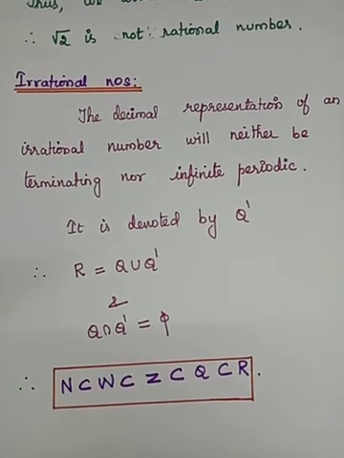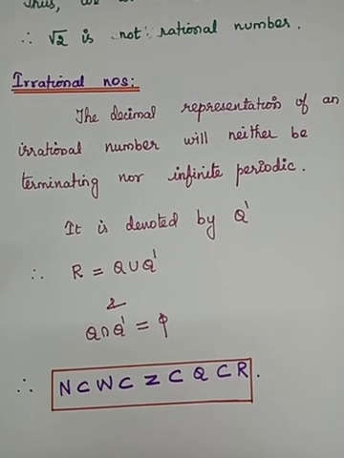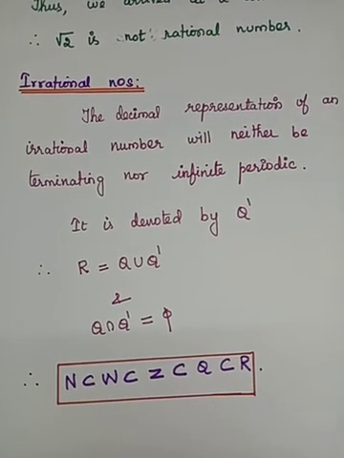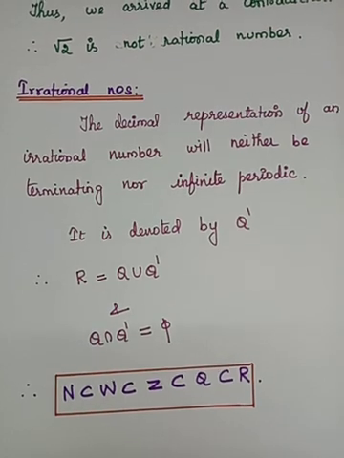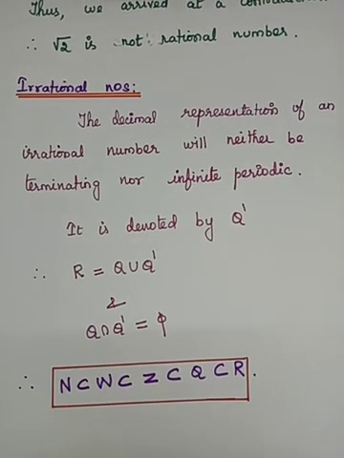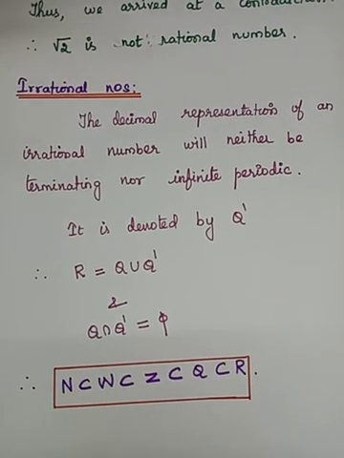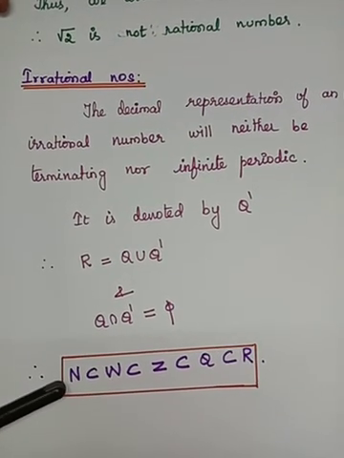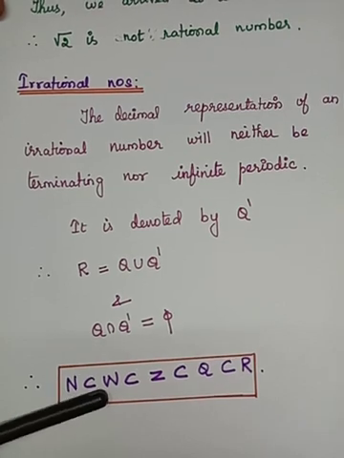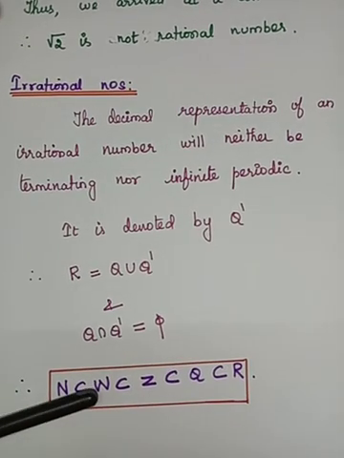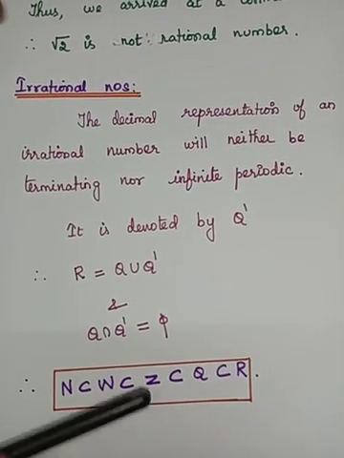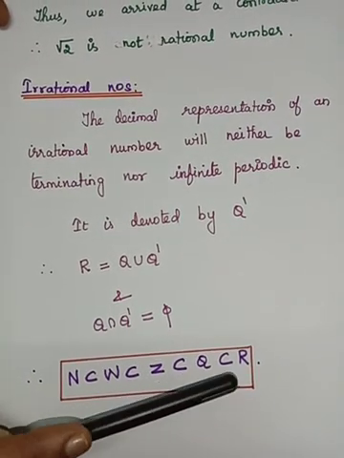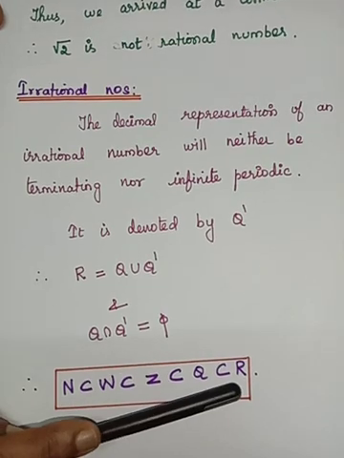So from the number system, first natural number, next whole number, and the third one is integer. Next we have seen rational number, irrational number and real number. So from all the number sets, we can conclude natural number is a subset of whole number, whole number is a subset of integer, integer is a subset of rational number, and rational number is a subset of real number.